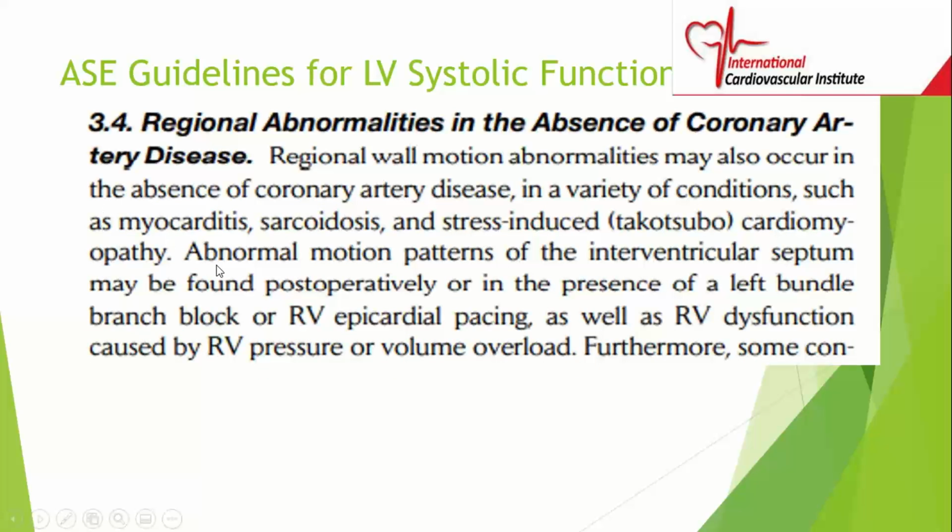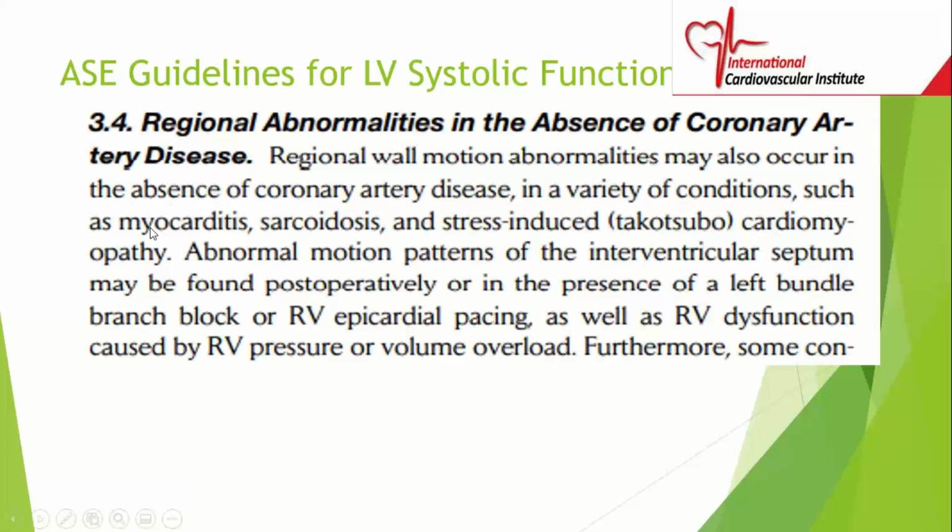Now, there are some situations to consider. The main cause of regional wall motion abnormalities is coronary artery disease. A blood vessel is blocked, and because it's blocked, that segment does not thicken as it should, and you have a regional wall motion abnormality. But there are other conditions that can give rise to regional wall motion abnormalities, and those include myocarditis.